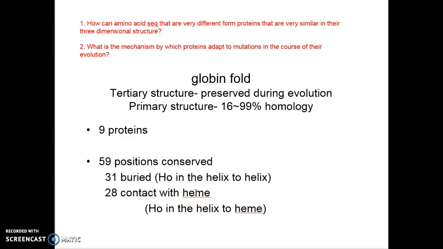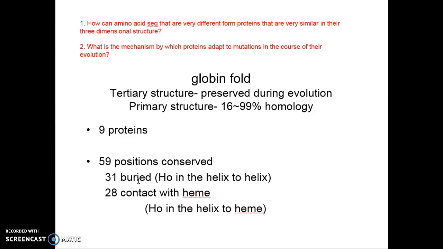Okay, so basically hydrophobic residues again, between helix and the heme in this case. So probably this kind of interaction might be a key element in making the globin fold.